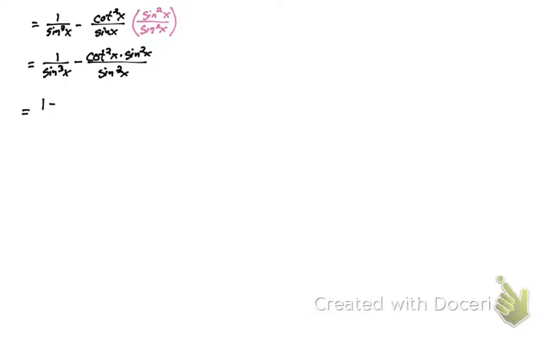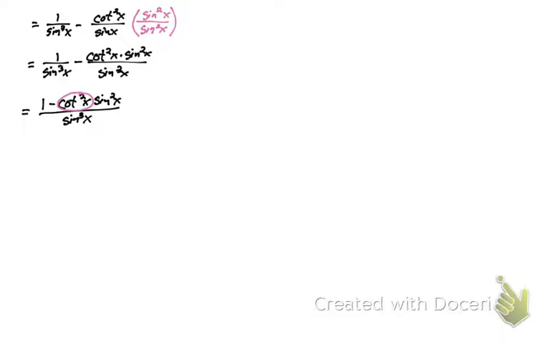That gives me 1 minus cotangent squared x times sine squared x, all over sine cubed x. Something stands out to me here.